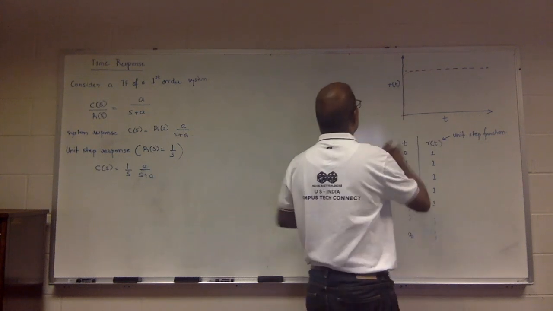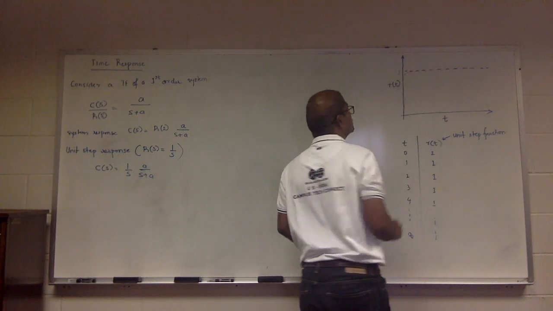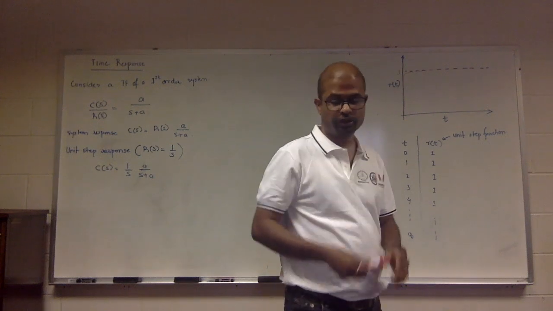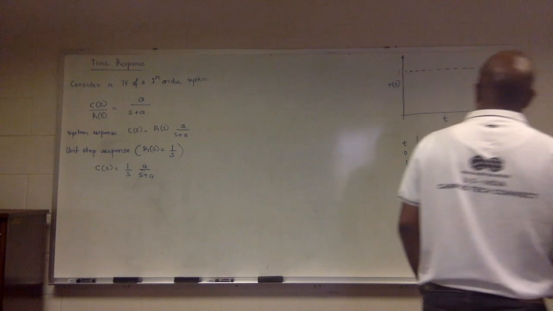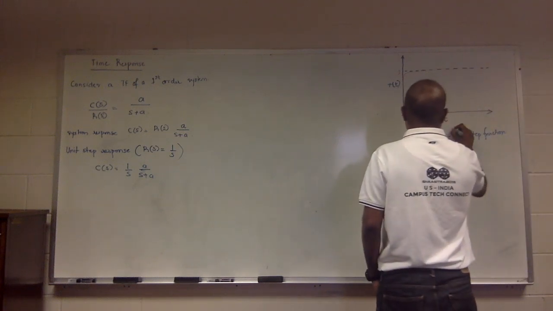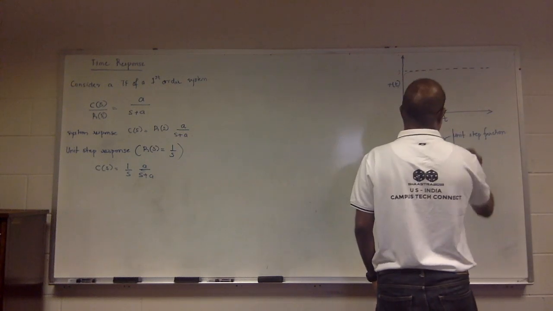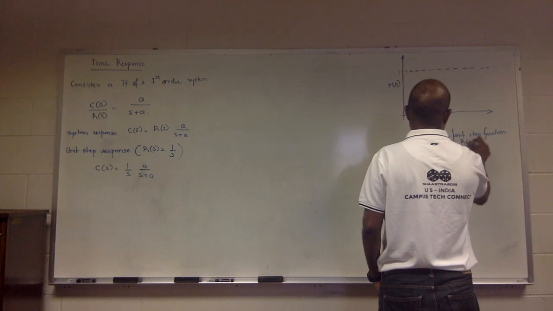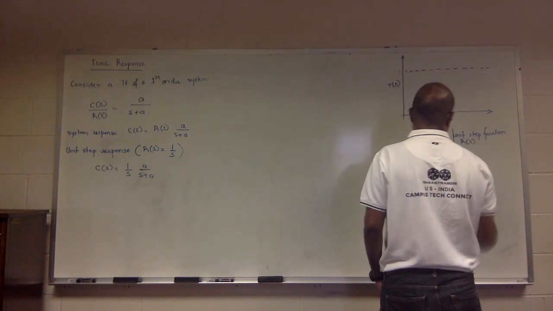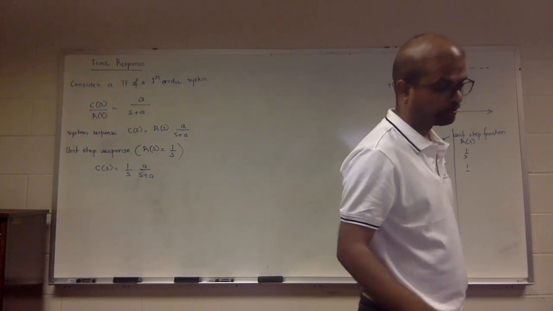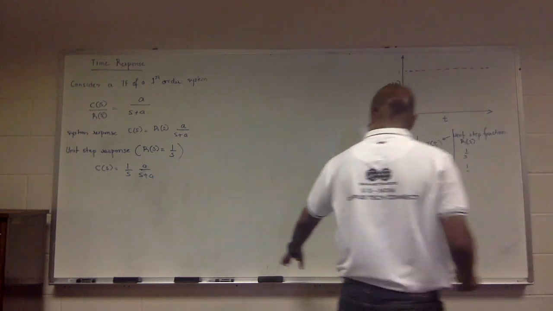So this is 1. You understand? So this is a unit step function, and if you take the Laplace of this, R of S is 1 over S. It doesn't vary as a function of time because it varies as a function of frequency.